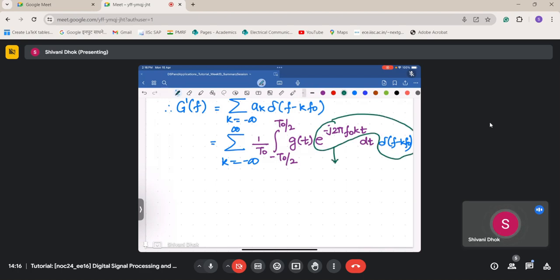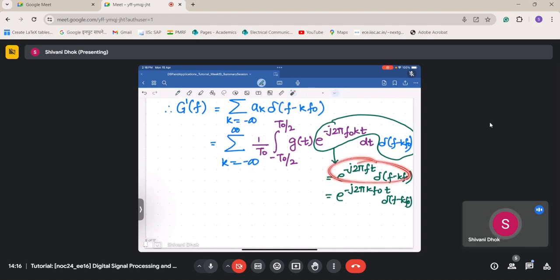This thing I can write as e power minus j 2 pi f t into delta f minus k times f naught, which will give me, by the property of impulse, this f I can replace by k times f naught. So this will be e power minus j 2 pi k f naught t into the impulse. So these two quantities are exactly the same. Therefore, since it is getting multiplied by this impulse, I can simply replace it by this quantity here.